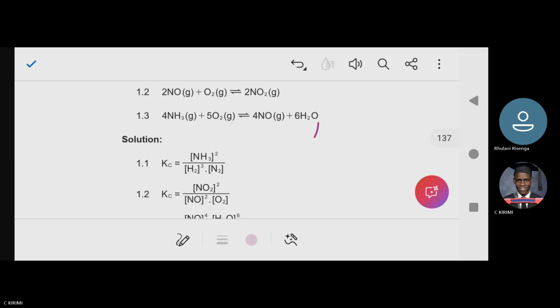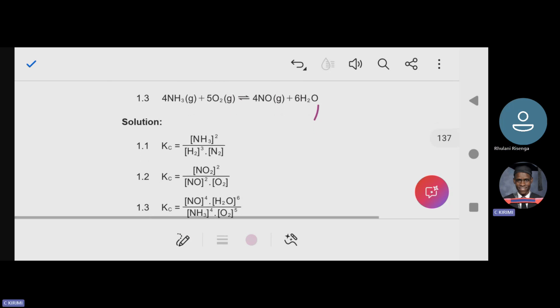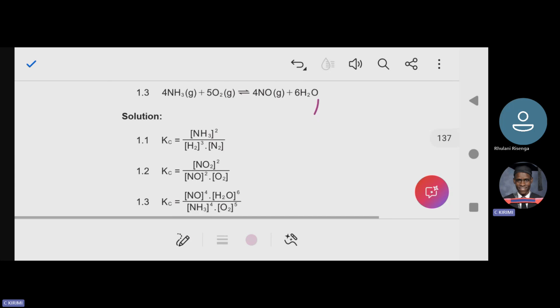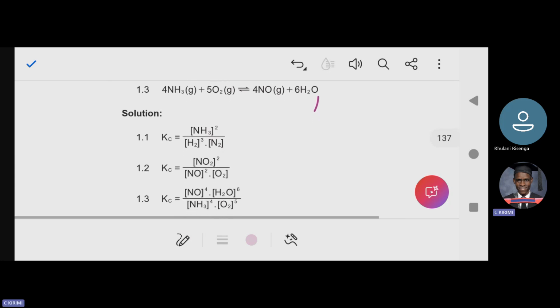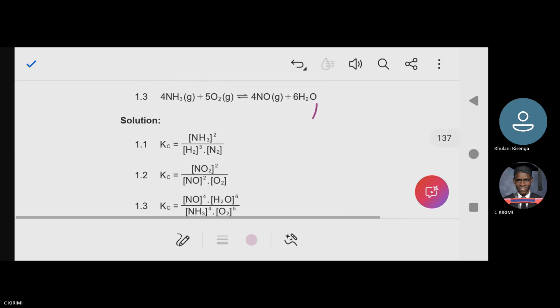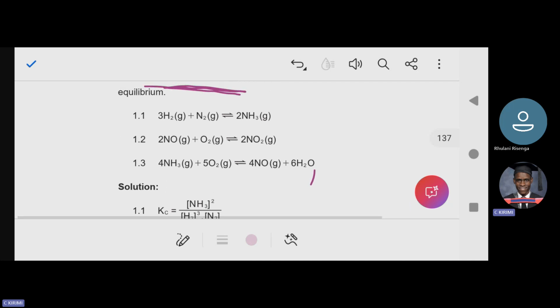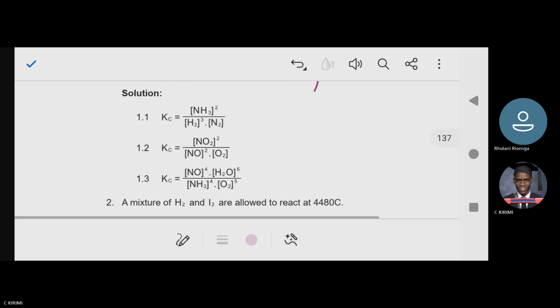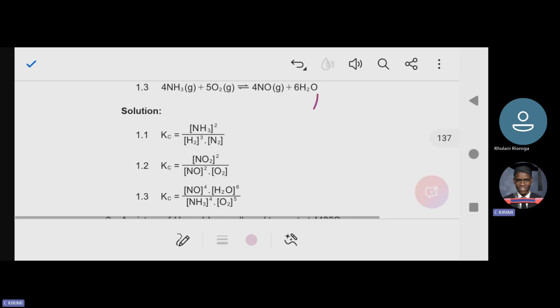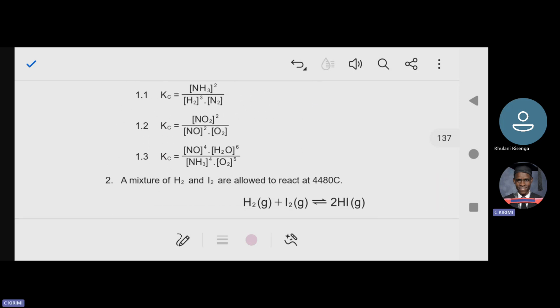Then this one is easy, isn't it? Is there any challenge? We are just playing around with the coefficients. And all of them are gaseous, including water, which is in the gaseous state. I don't think there was a problem there on the expressions, just an expression for Kc.